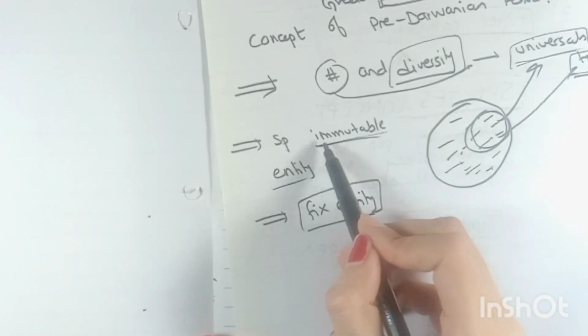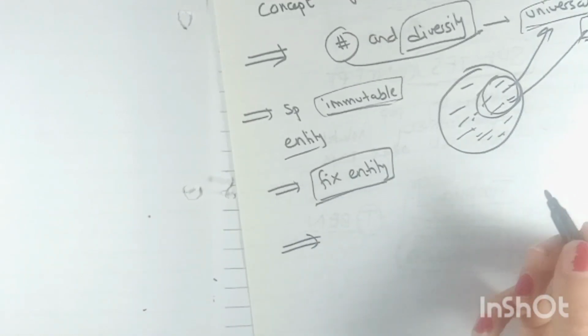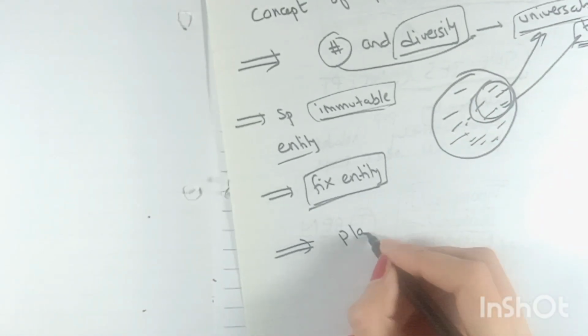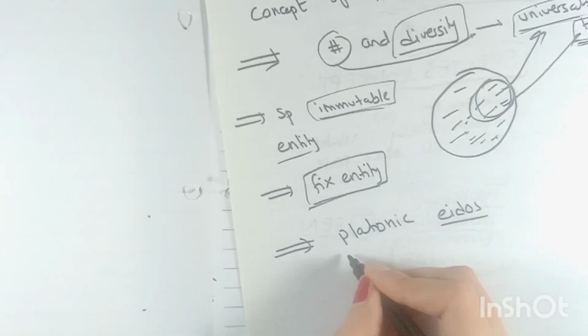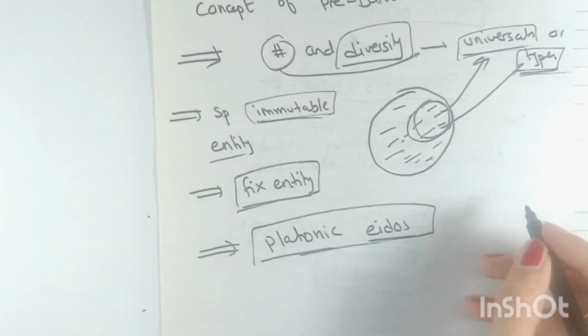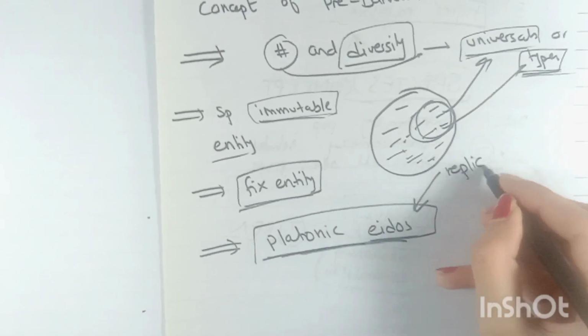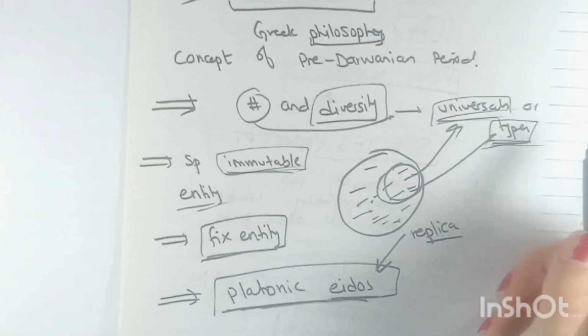These are immutable, no mutation, no change. And these scientists also called these universal types Platonic idols, meaning they are replicas of each other. Species are replicas of each other. They are fixed entities, they are immutable, and these are the universals or types.